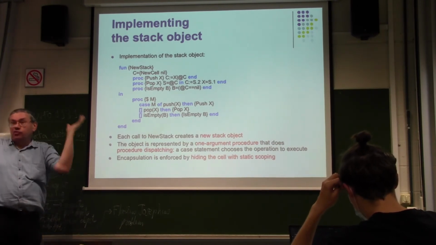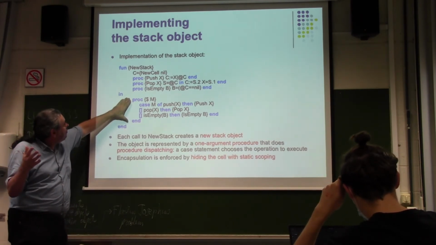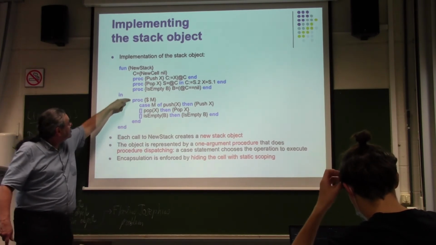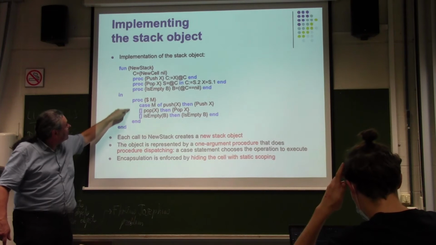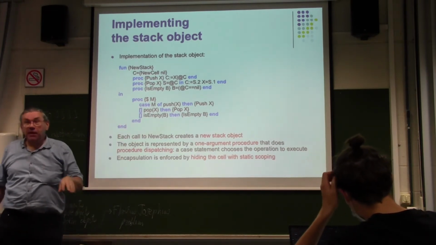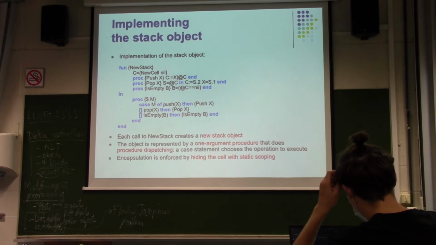That's another way, it's just as good. The point is you have to combine them all into one thing. Here I combine it into a procedure, but you could combine it into a record. I'm not going to show you that, but it's in the book, and I think you saw it in a previous course.